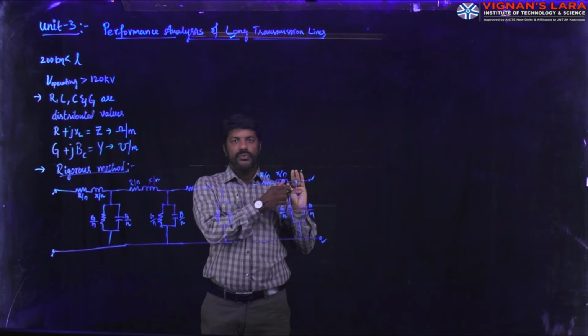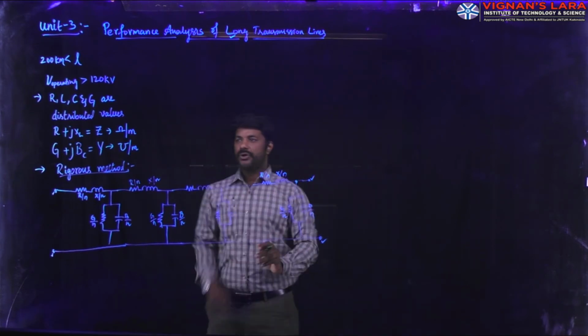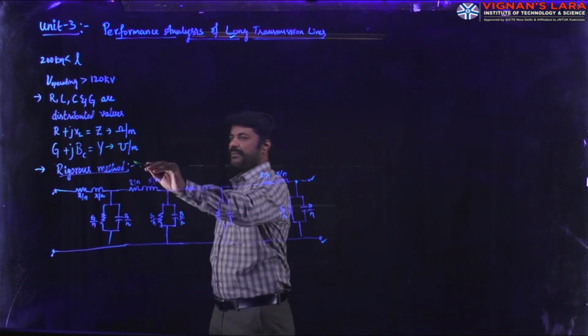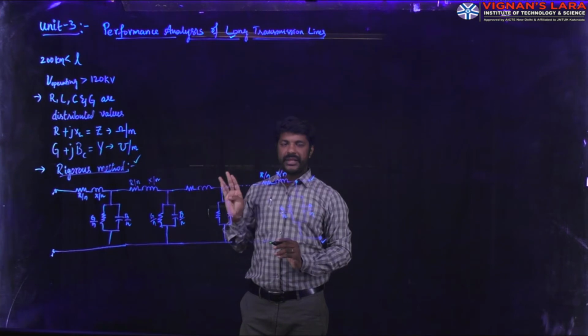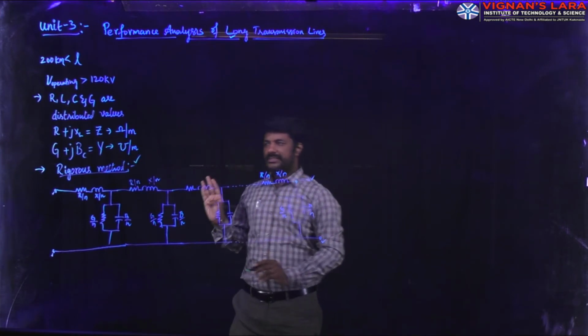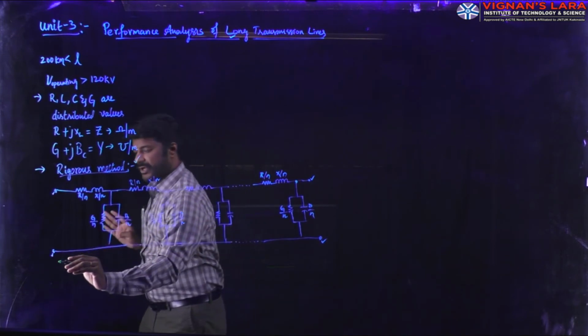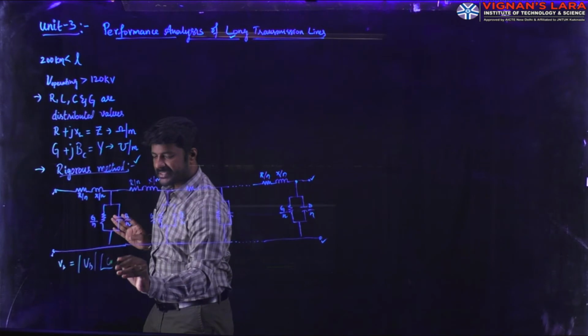These are the two quantities we have to calculate for any transmission line. Here also, using this rigorous solution method, we are going to calculate the sending end voltage, which can be represented in polar notation as Vs, equal to its magnitude at a certain angle.